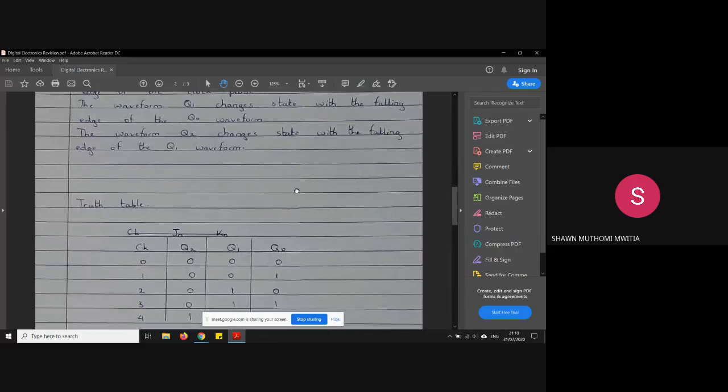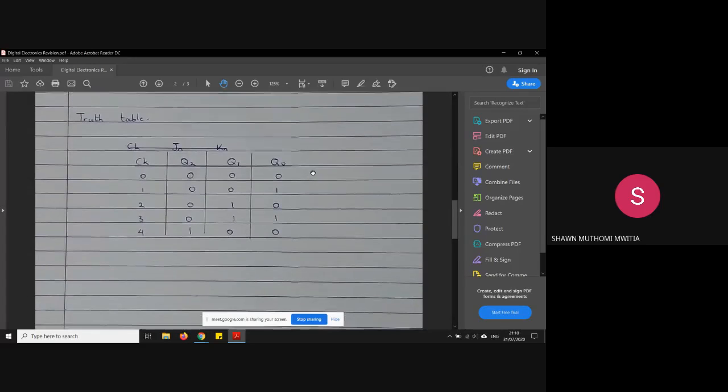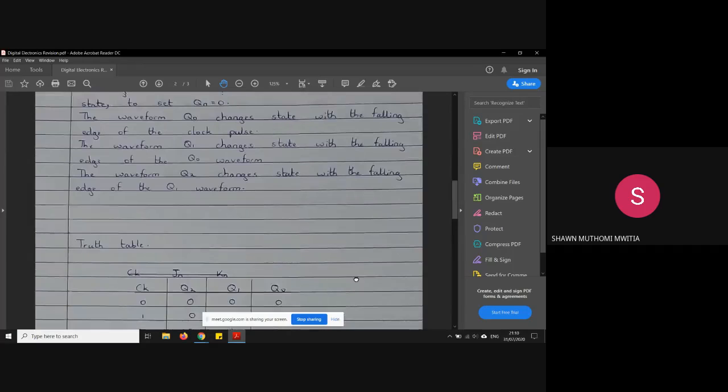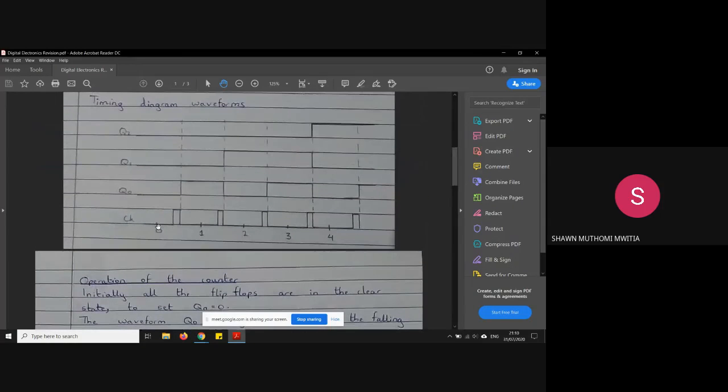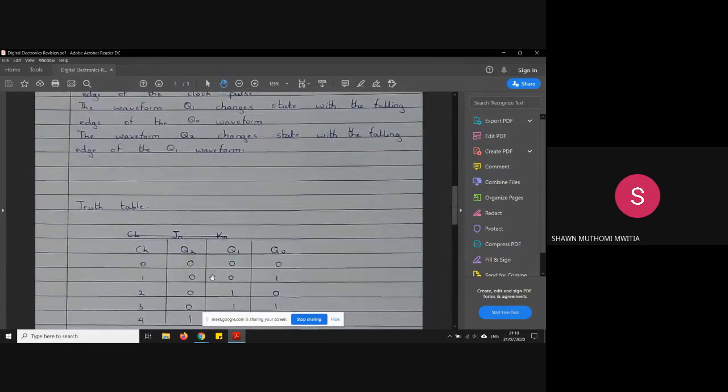Then from the truth table, you can see at the first clock signal point, Q0, Q1, and Q2 are at 0. But at the first point, to have 0, 0, 1, it's only Q0 that has changed from 0 to 1.